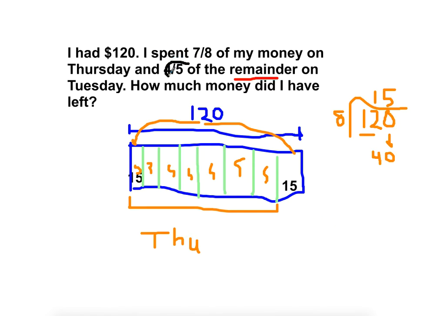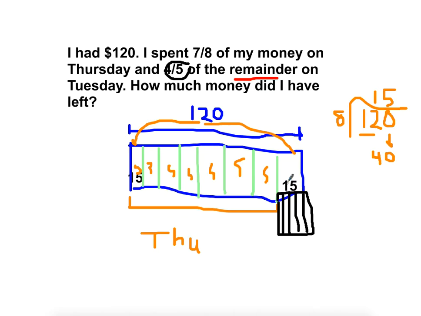I spent 7/8 of the money. I spent 4/5 of the remainder on Tuesday. So I'm going to take this part that remains, and of all of this remainder, I spent 4/5 on Tuesday. So I'm going to divide this into 5 parts. 1, 2, 3, 4, 5. Sorry, I'm making a lot of mistakes here as I talk out loud.